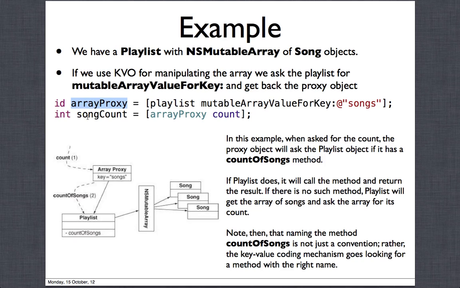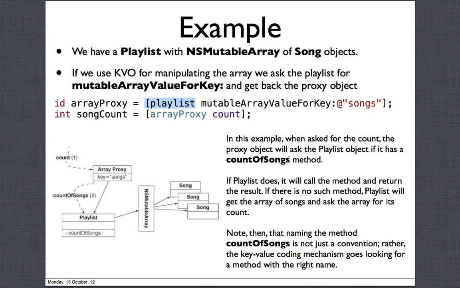So the next step, we want to get the number of songs in our array. So I'm asking my array proxy for count, and count is a simple method in the array itself, but this is not an array, this is the array proxy. So what happens is, if I ask for count, this array proxy will ask the playlist, because this is a proxy from this playlist, if it has a countOfSongs method.